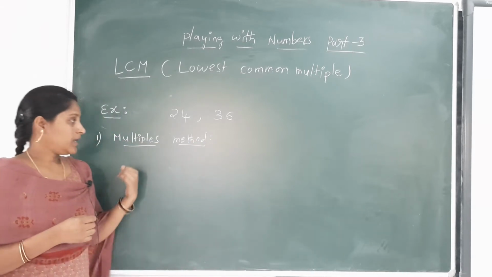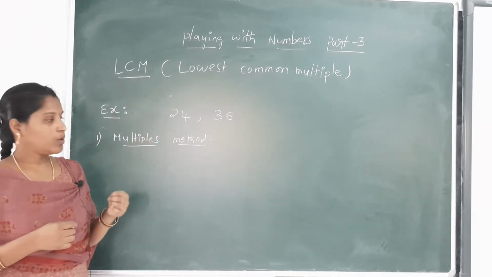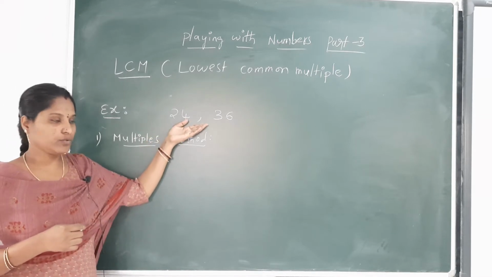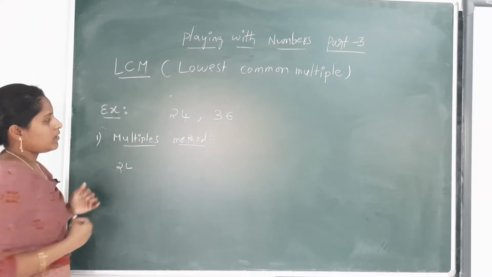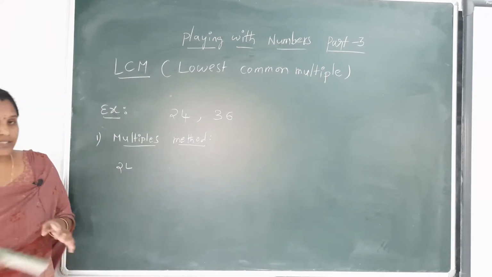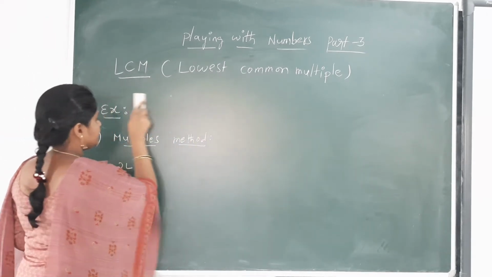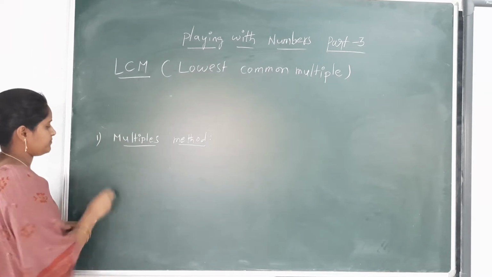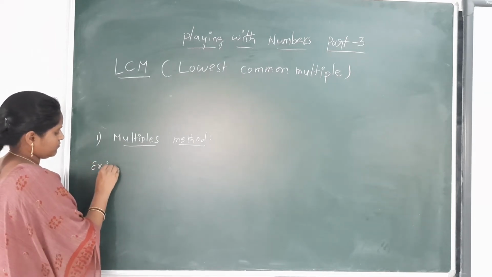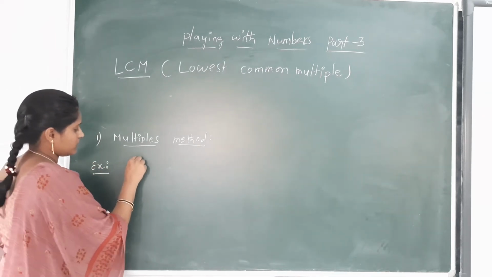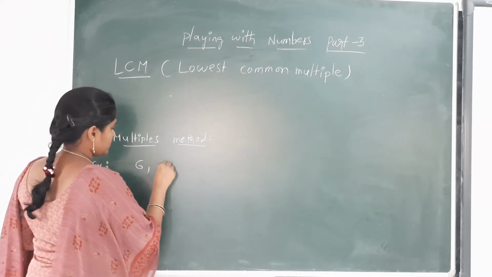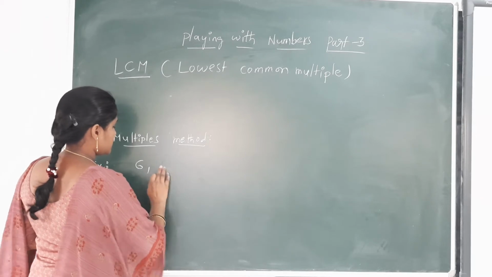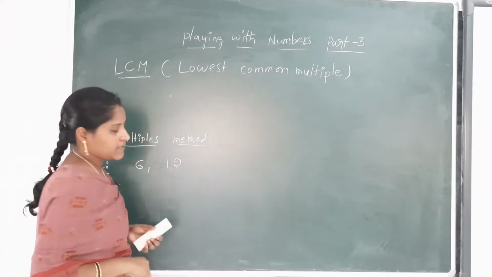Multiples method. In this method we have two numbers. Let us take another, smaller example: 6 and 12.